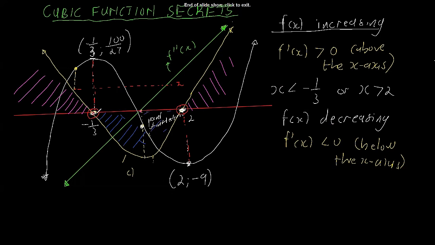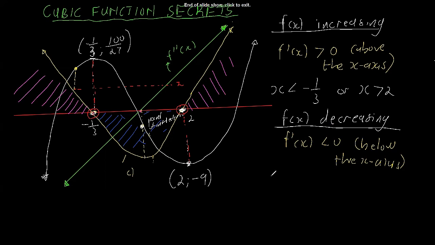Now what is happening to your white graph? Starting at this point, we can see from that local maximum point all the way to that local minimum point, what is your cubic function doing? It's decreasing. So we can spot that your f of x is always decreasing when we see your f prime x being below the x-axis.